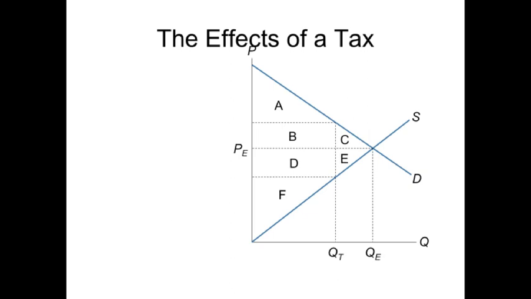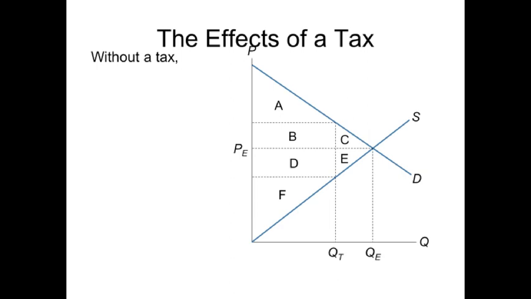Here we divide the triangle up into 6 parts, right? A, B, C, D, E, F. This large triangle here. Without the tax, what would be the consumer surplus? Before I put this on here, take a moment, pause, try to figure out what's the consumer surplus if there's no tax put into place.